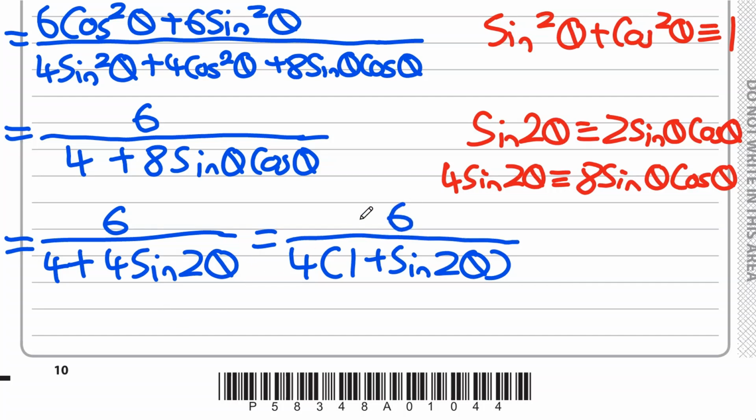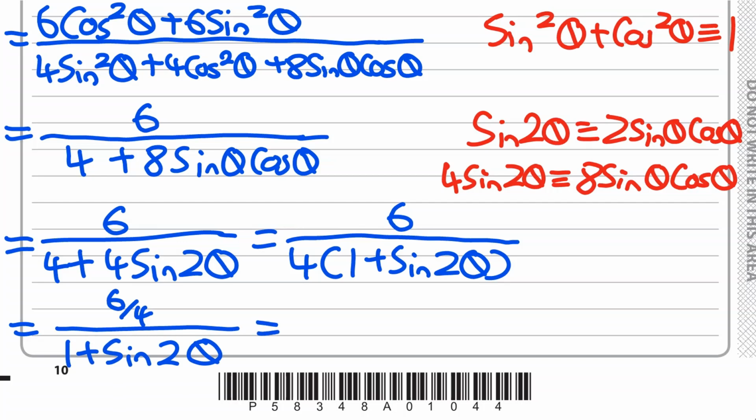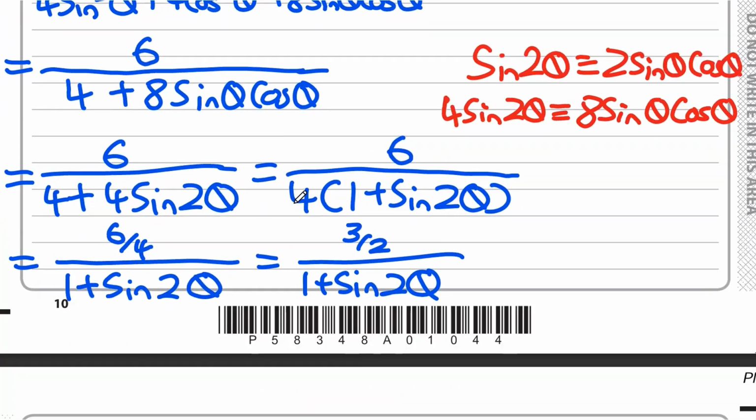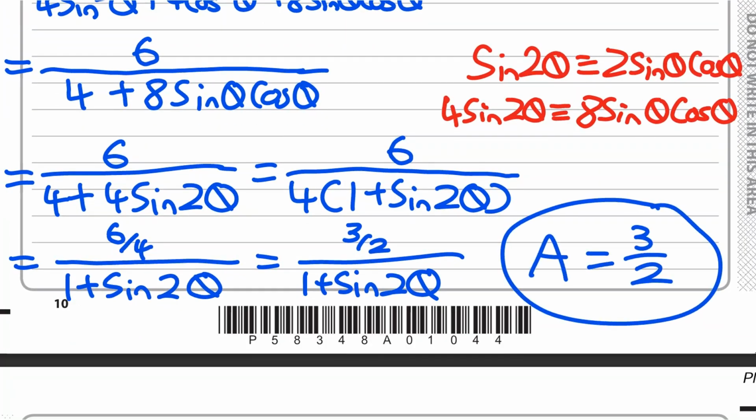If we bring this 4 into the numerator, it's going to be 6 over 4 over 1 plus sin 2 theta, and 6 over 4 is 3 over 2, over 1 plus sin 2 theta. This is in the correct format where a is equal to 3 over 2, and this is the final answer.